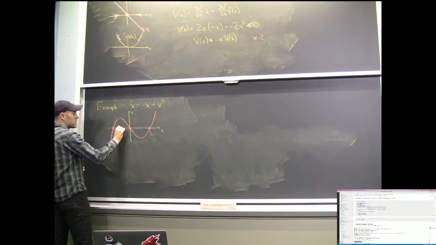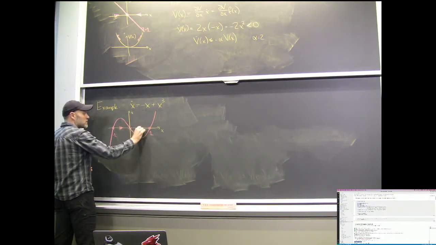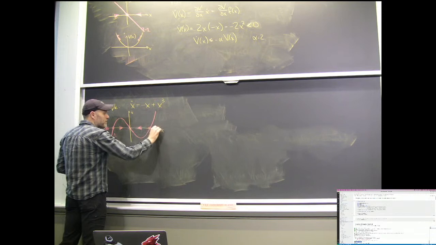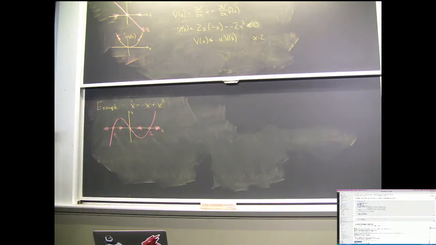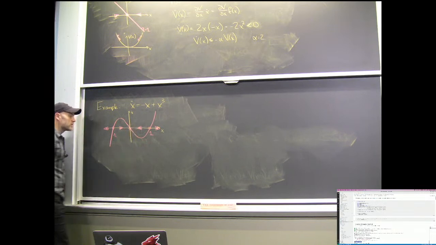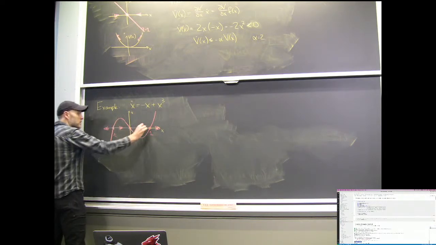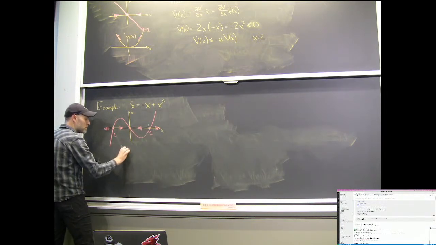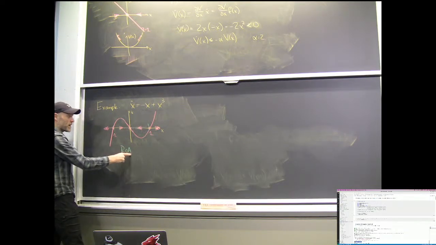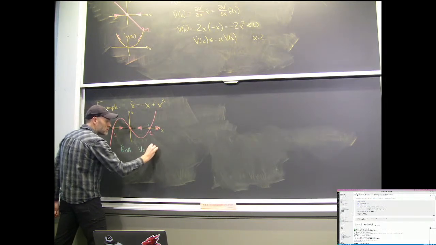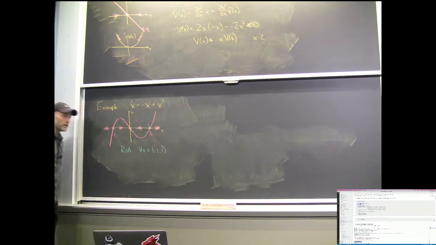Okay, so the flows go like that. We see immediately that this is a stable fixed point. And moreover, the region of attraction (ROA) of that fixed point is all x in negative 1 to 1.